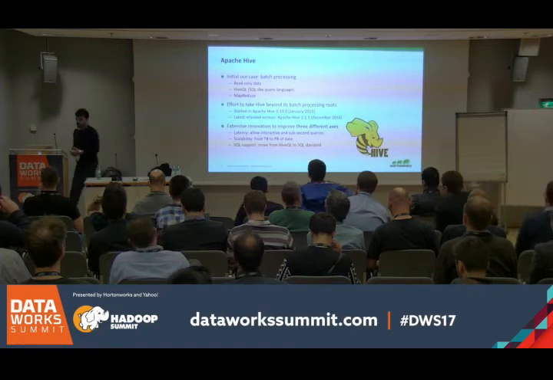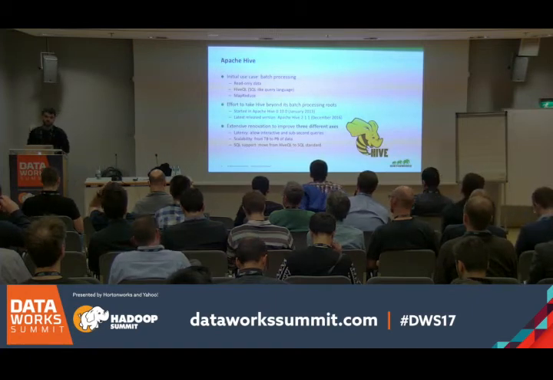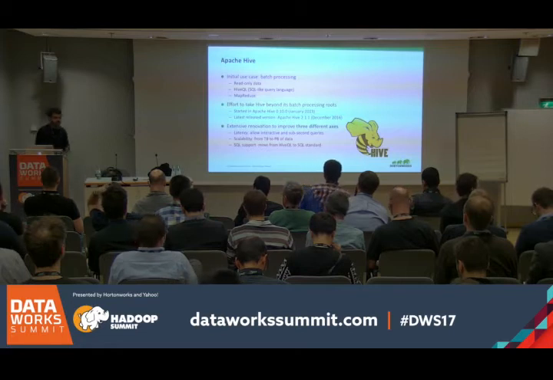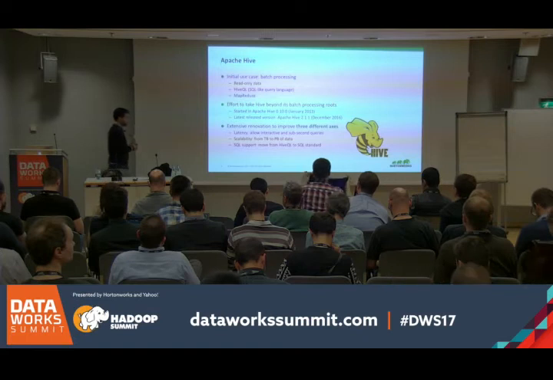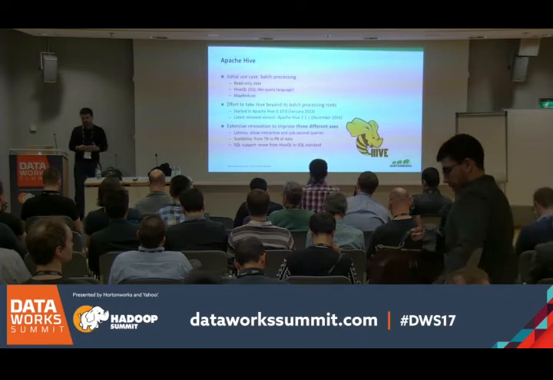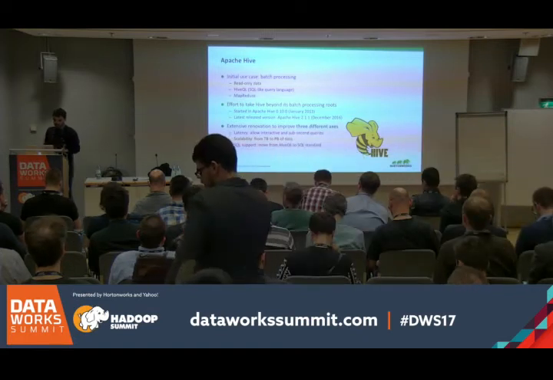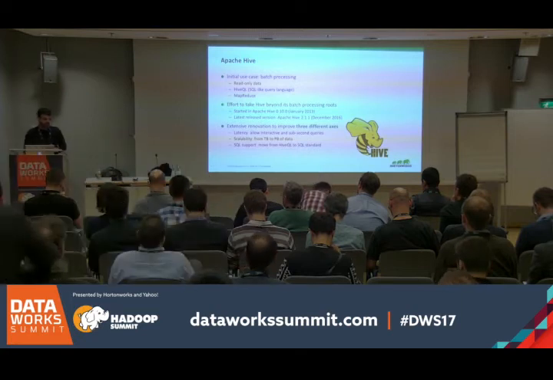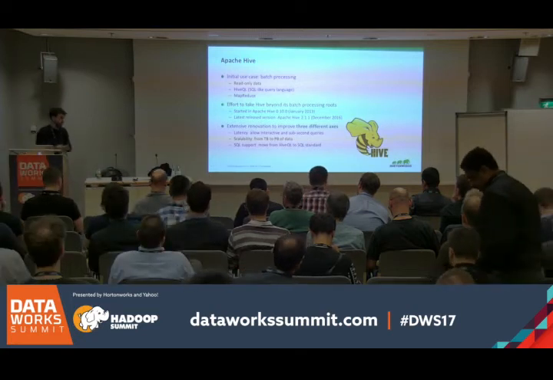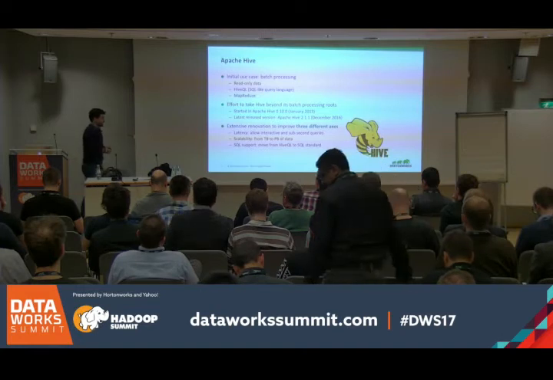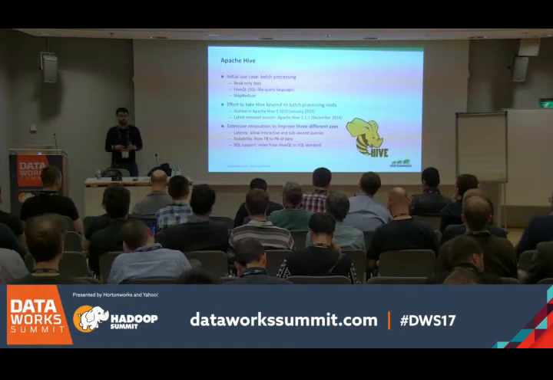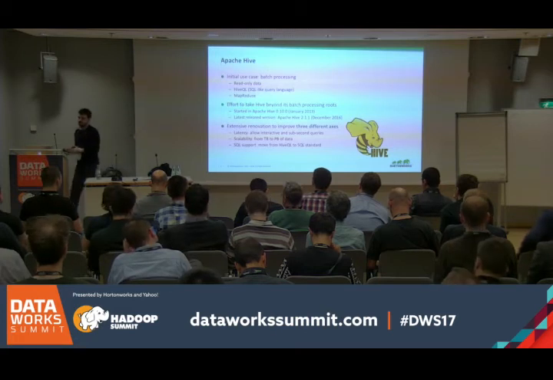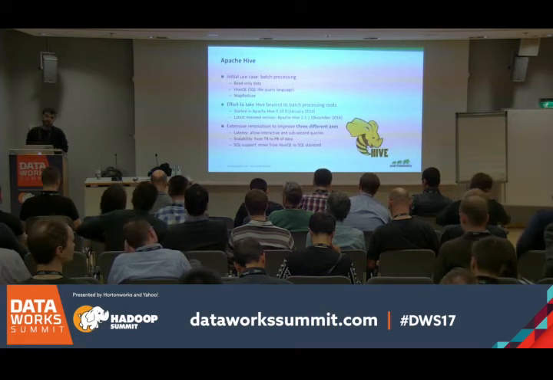The second axis was scalability. So we wanted to scale, while reducing the query response time, to the largest data sizes, so basically petabyte scale. And another axis was extending the SQL support. So we wanted to move from Hive query language to the SQL standard.